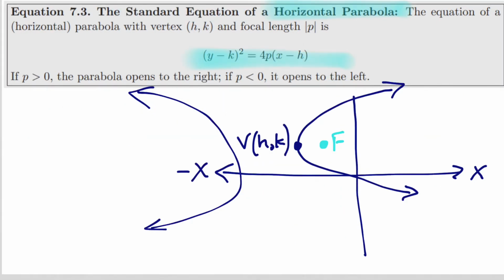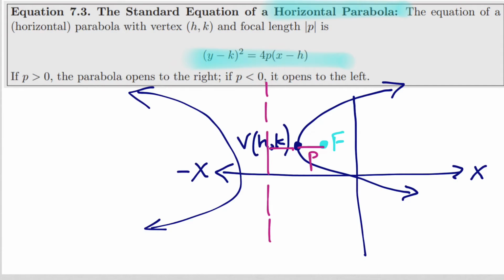But still, your coordinate pair for your vertex is HK, where your H goes with the X's and your K goes with the Y's. The P still has the same meaning. It's this distance here. And if you draw in your directrix, same, this distance here.